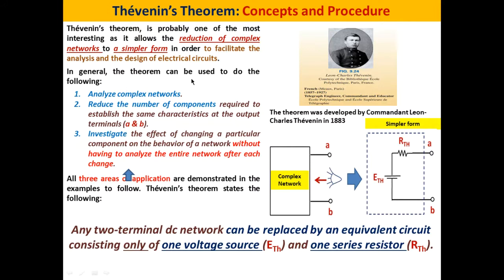In general, the theorem can be used to do the following: analyze complex networks; reduce the number of components required to establish the same characteristics at the output terminals, A and B, as you can see here; and investigate the effect of changing a particular component on the behavior of the network without having to analyze the entire network after each change.